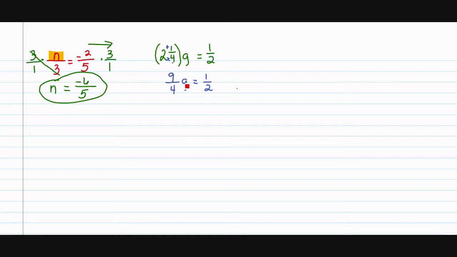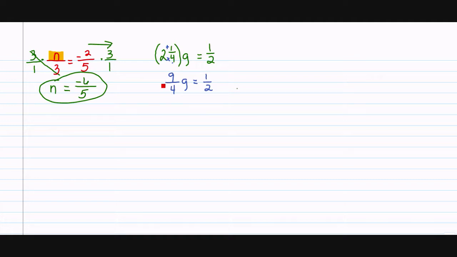Now, it's connected through multiplication. In order to solve this, you have to find the reciprocal of 9/4. You need to go back and take a look at our identity and equality properties back in chapter 1.